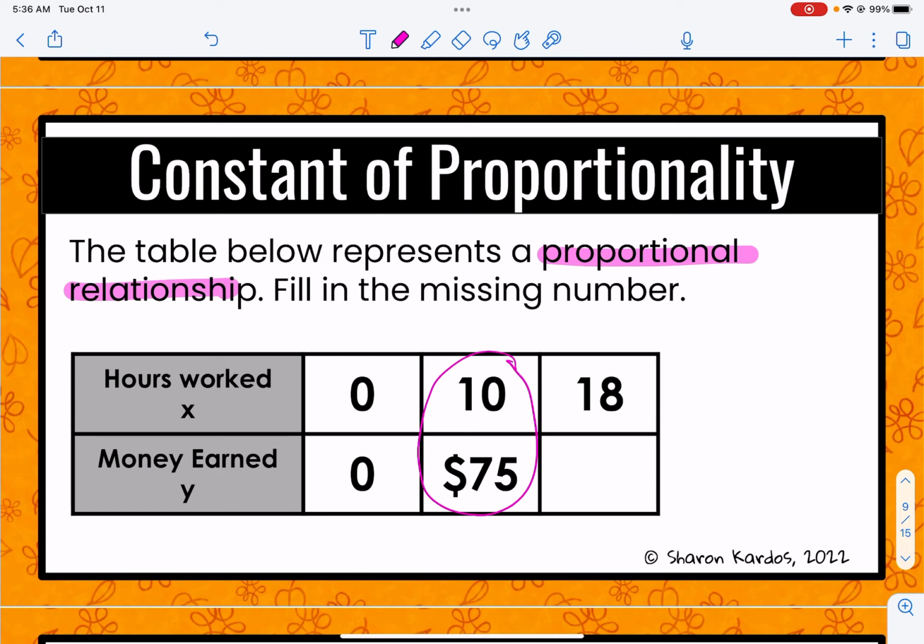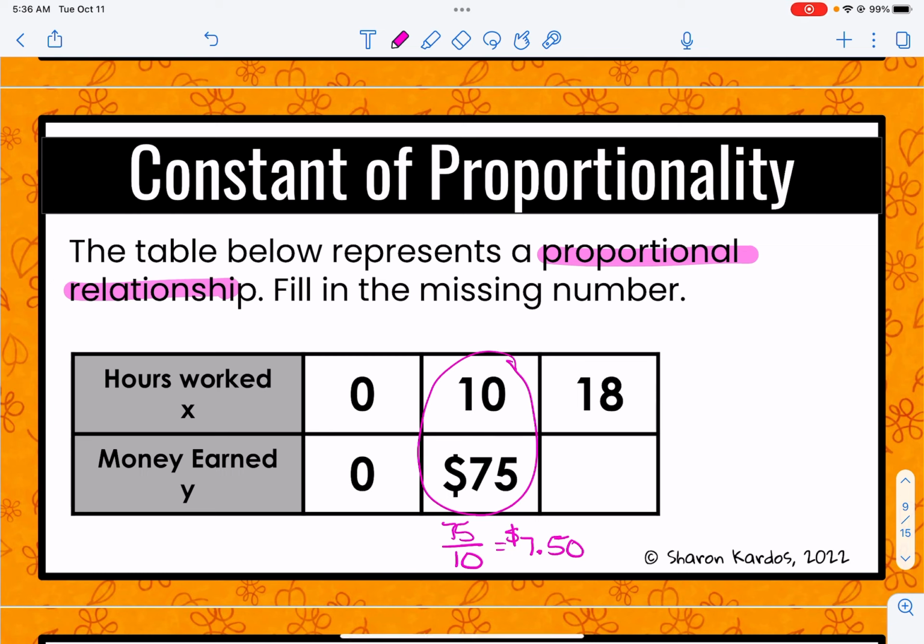So if I take my y, 75, and I divide it by my x, 10, I wind up with 7.5 on my calculator. Now, if I'm thinking about this in the context of my problem, we're talking about money, so it's actually going to be $7.50 per hour.